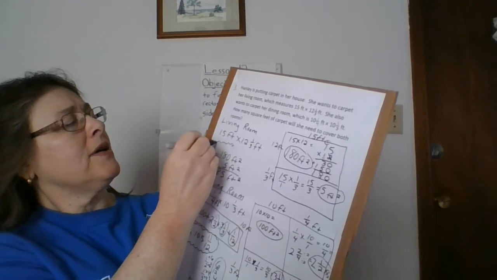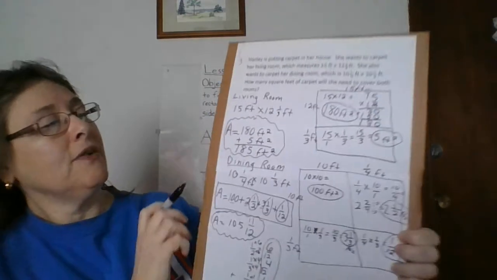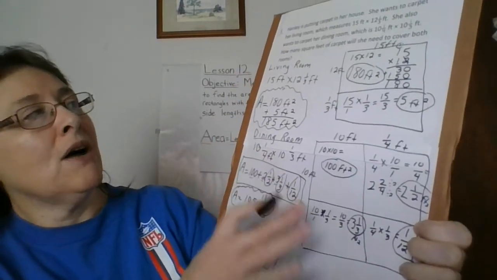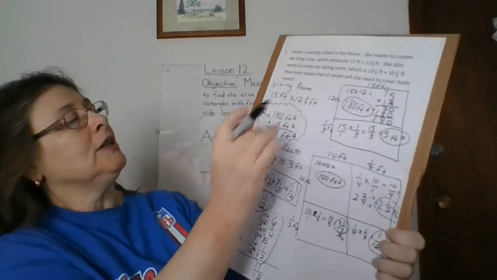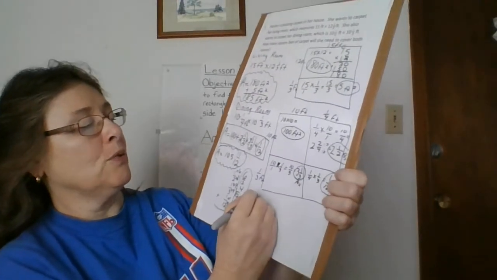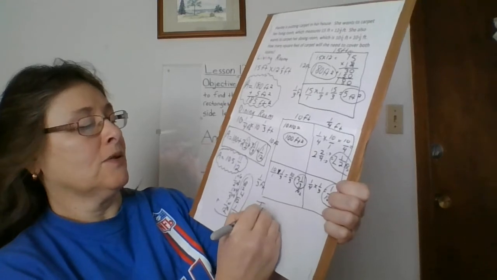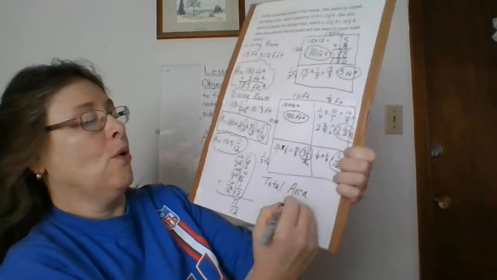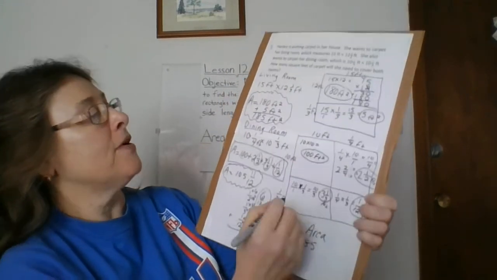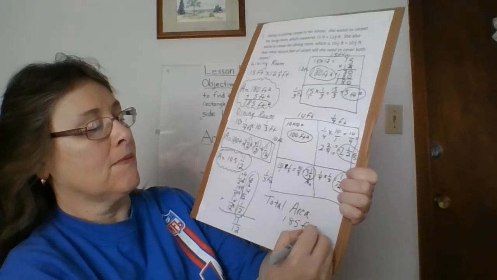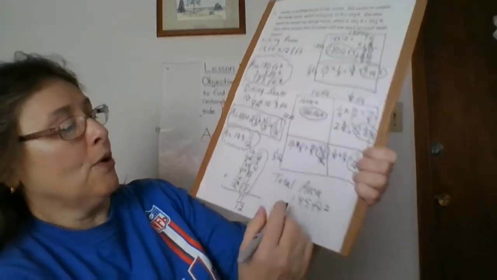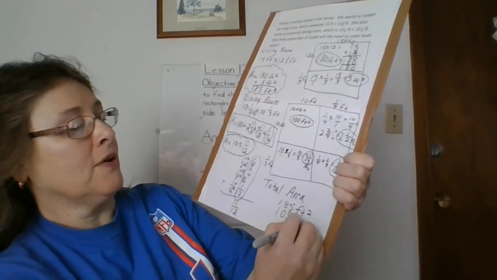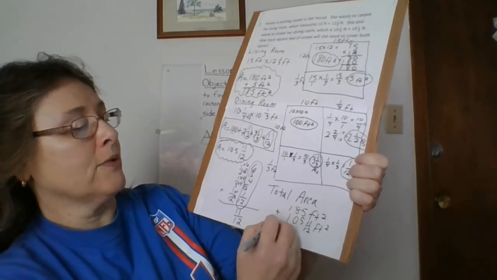This is my area for my living room. So we're not done yet. In order to cover both rooms, I need the total. So now I'm going to have to do the grand total. So for the total area, I have to add the 185 feet squared for the living room and the 105 and 11/12 feet squared for the dining room.